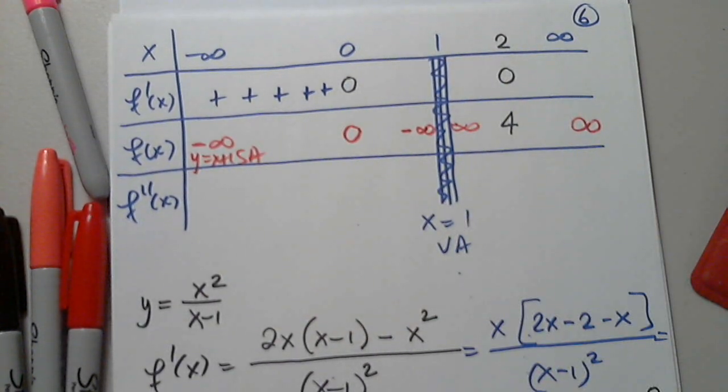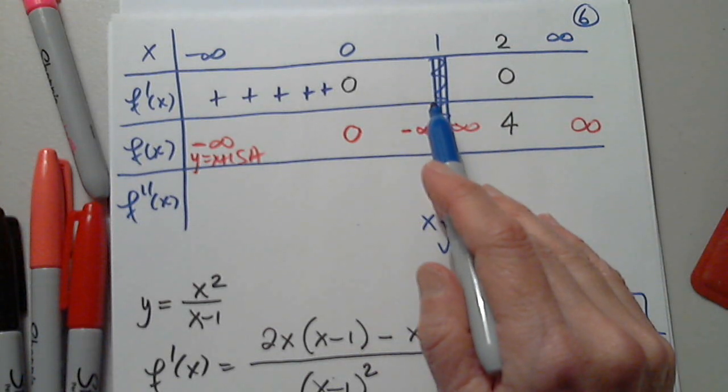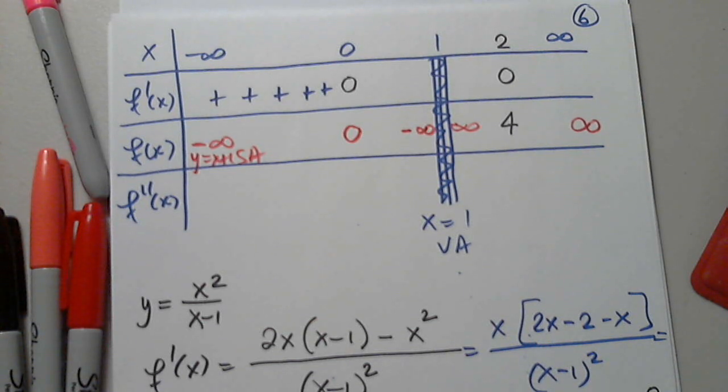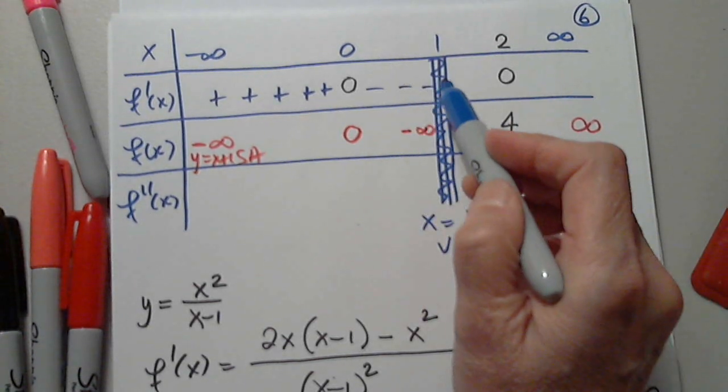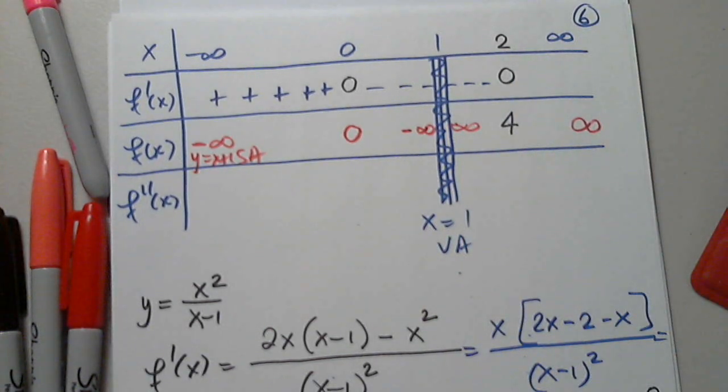So when you plug in 1, what sign do we get? 1 times 1 minus 2. What sign do we get? Oh, negative. Perfect. And now let's plug in 10.